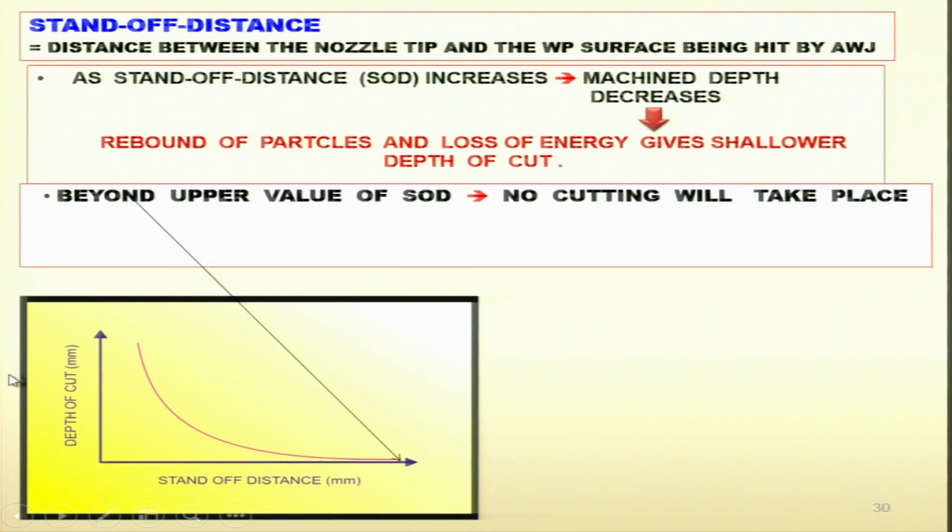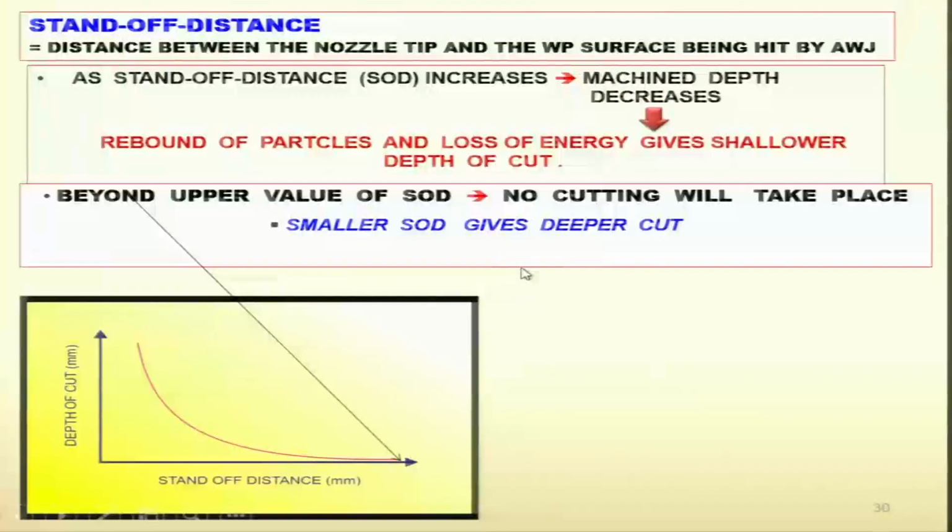As you can see here, as the extent of distance is increasing, depth of cut is continuously decreasing, and beyond a certain value of extent of distance, no cutting will take place, because the kinetic energy of the abrasive particle is not sufficient to remove the material from the workpiece.